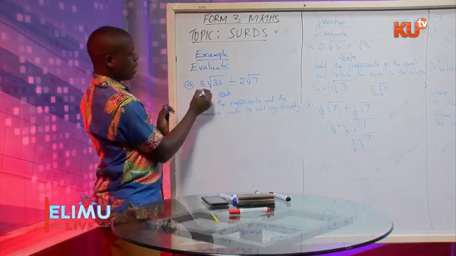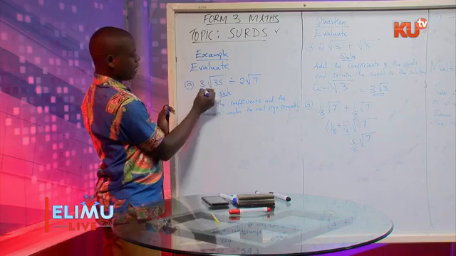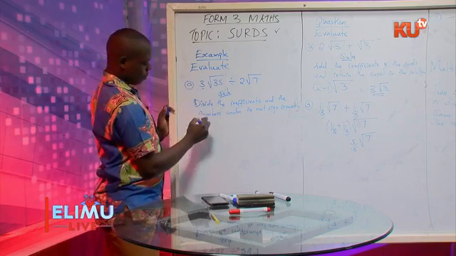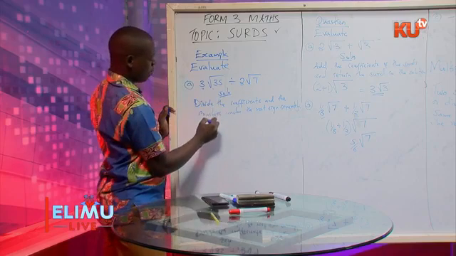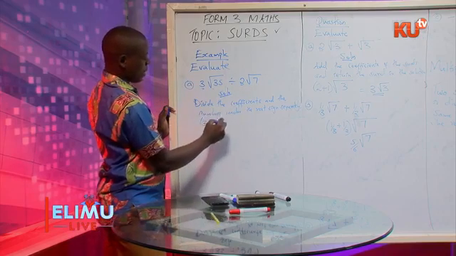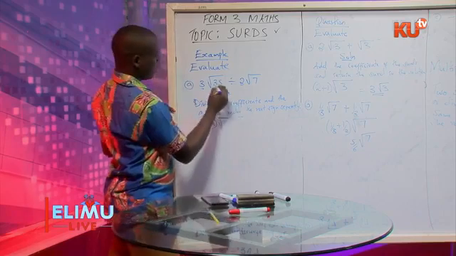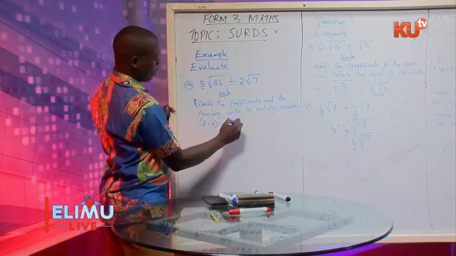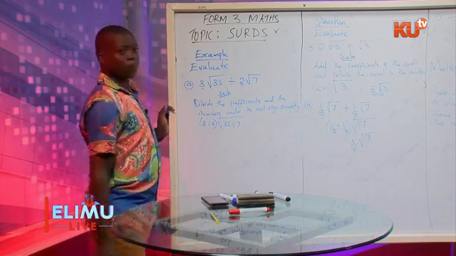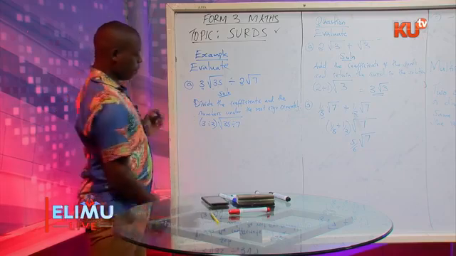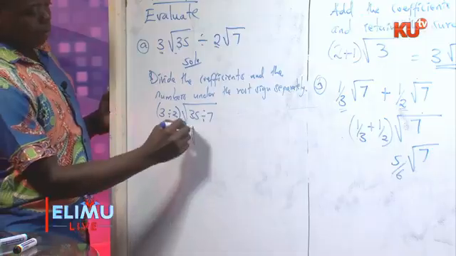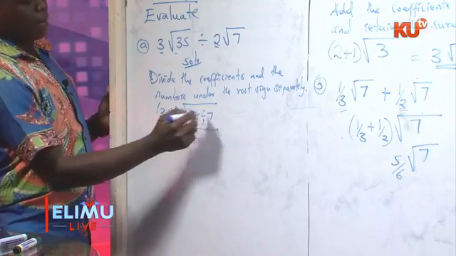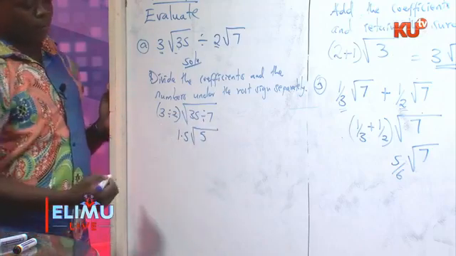The coefficient of root 35 in this case is 3, so I will have 3. I divide by the coefficient here, which is 2. And then I take 35 and divide it by 7. If you do this, what you have here is 1.5, and root 35 divided by 7 is root 5.